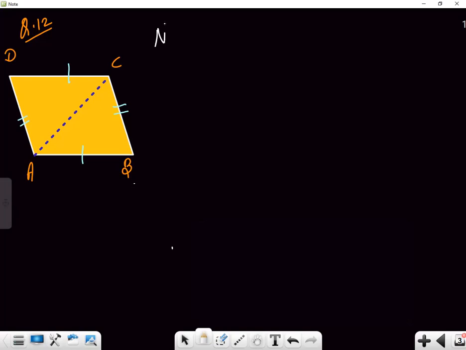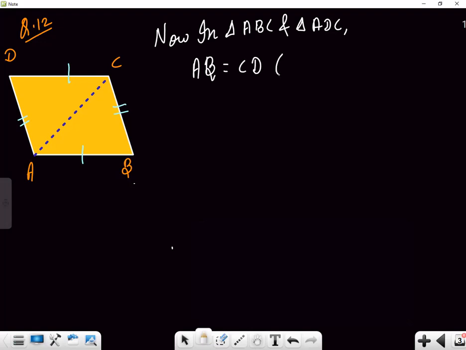So now in triangle ABC and triangle ADC, look here clearly: AB is equal to CD because opposite sides of a parallelogram are equal in measure.